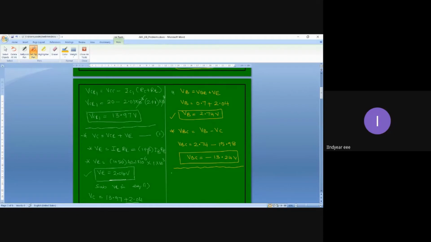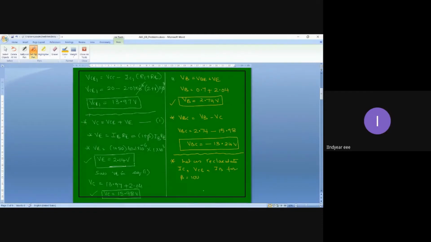Now in the second part, let us recalculate IC, VCE, IB for beta equal to 100.